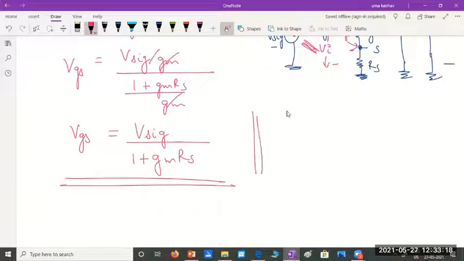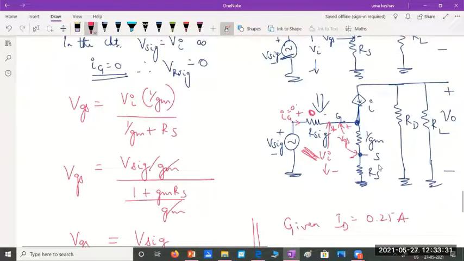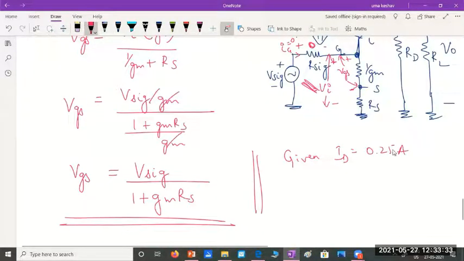You are given ID is equal to 0.25 milliamps, and VOV is 0.25 volts. So what was Gm? We had already found this in the previous problem. You get 2ID by VOV.